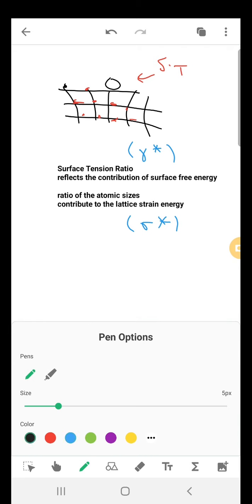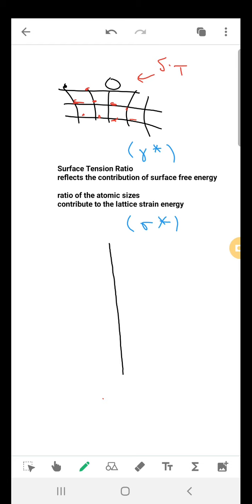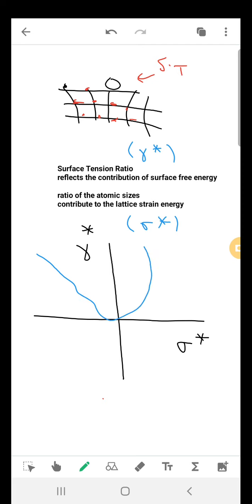So if we now plot gamma star versus sigma star, we will get a plot like this, with values say 1.1, 1.2, 0.9, 2.7, 1.2, 1.5.